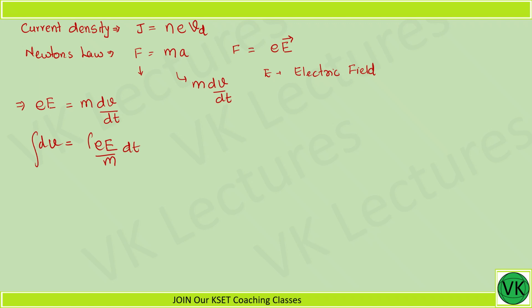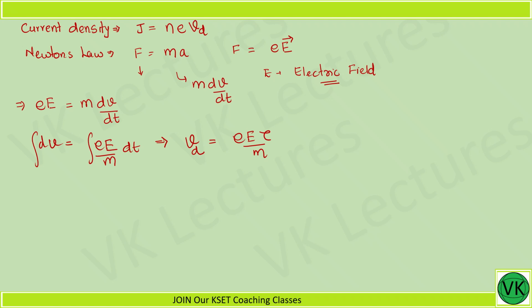On integration we get v is equal to eE tau by m, and this particular velocity can be called the drift velocity, because drift velocity is nothing but the average velocity gained by the electron in the presence of electric field.